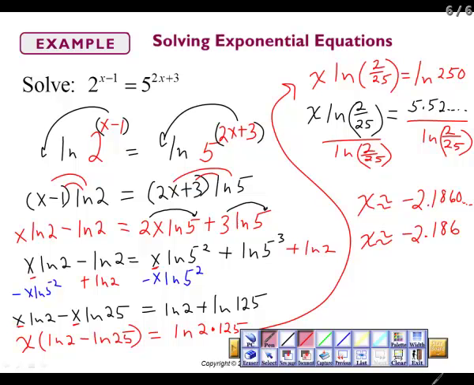If you take that number, store it into x, hit enter, and go back and check it, you'll see that both sides should be equal.